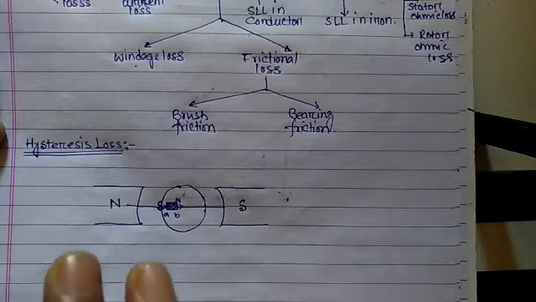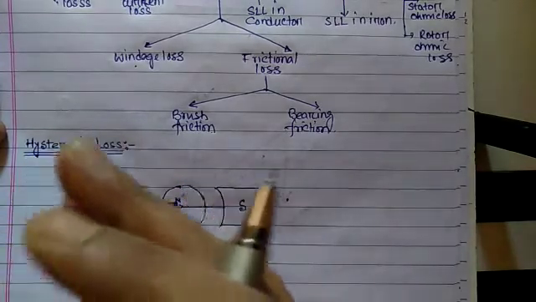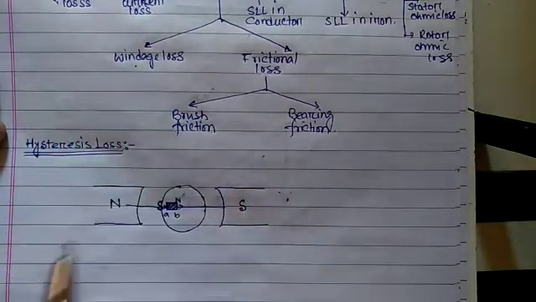After half a revolution, the iron piece comes under the influence of the south pole.